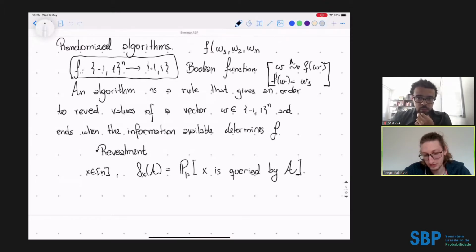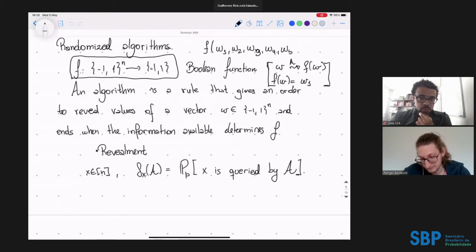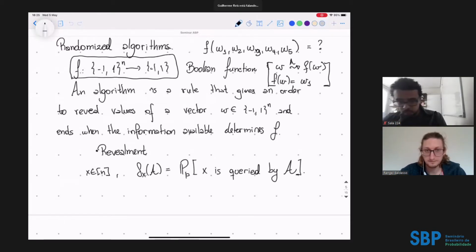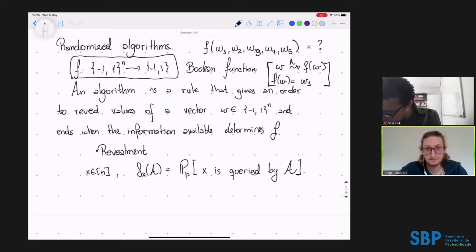It tells if the majority is +1 or -1. Then you have an entry here, omega 1, omega 2, until omega 5, let's say, and you want to say what the outcome is. But you don't know what the entries are. You don't know if they are +1 or -1.